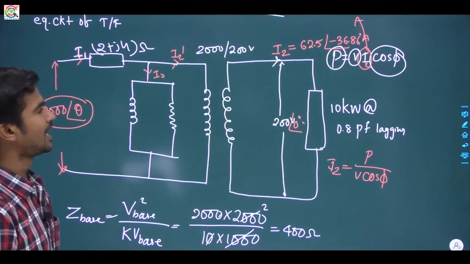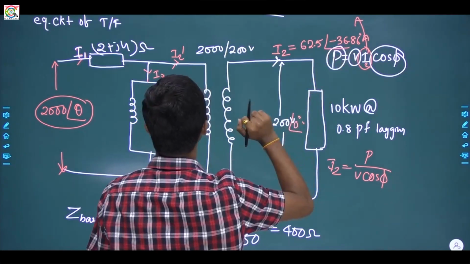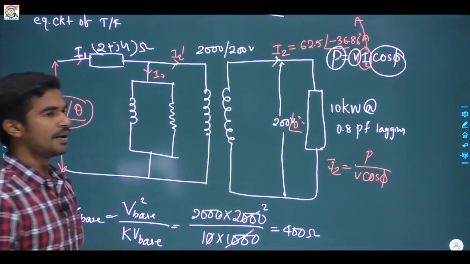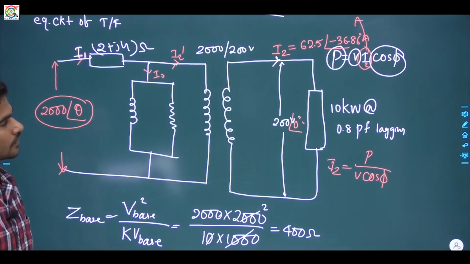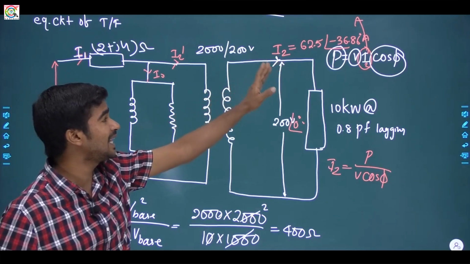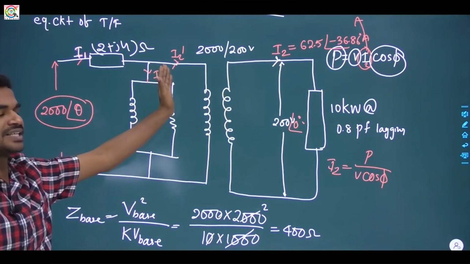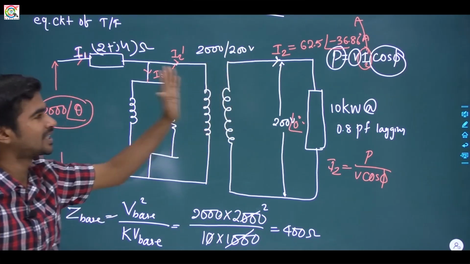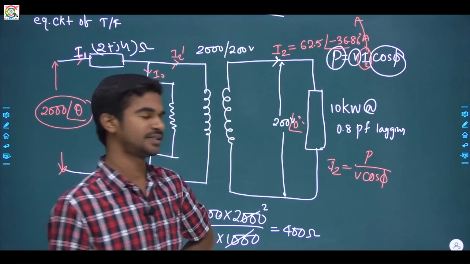So if I2, the load current, is 62.5 ampere, what is the reflection of this I2 in the high voltage side? In the high voltage side, what will be the reflection of the load current? You know the relation, that is the MMF is constant.